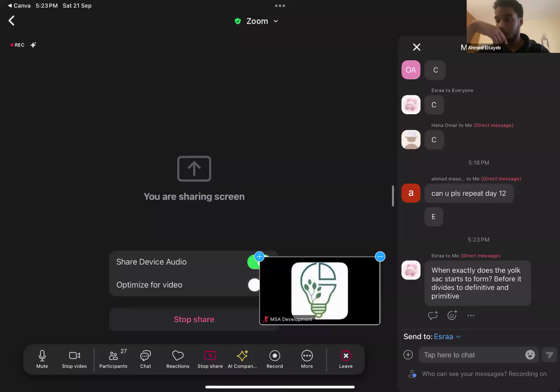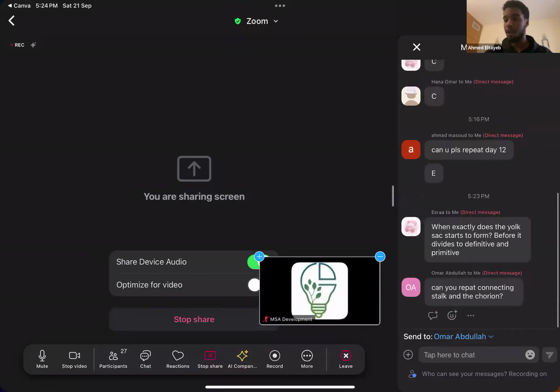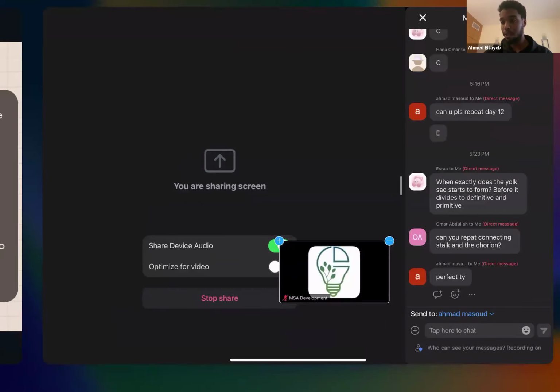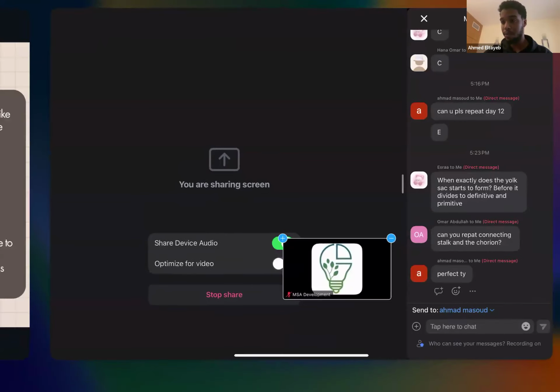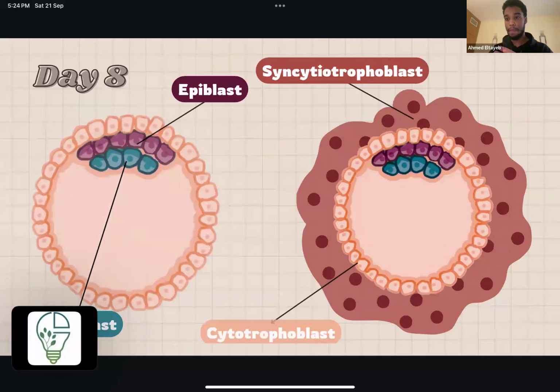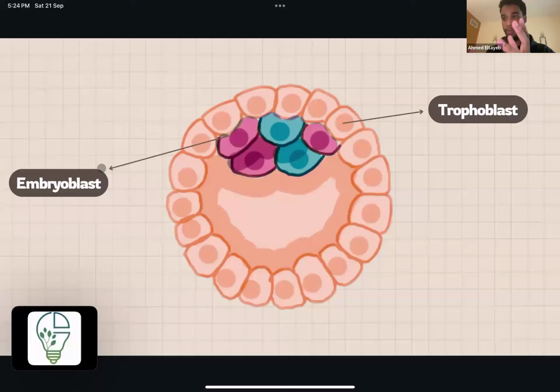When exactly does the yolk sac start to form before it divides into definitive and primitive? Okay, so in the beginning, before differentiation, we had the embryoblast and we had the trophoblast.